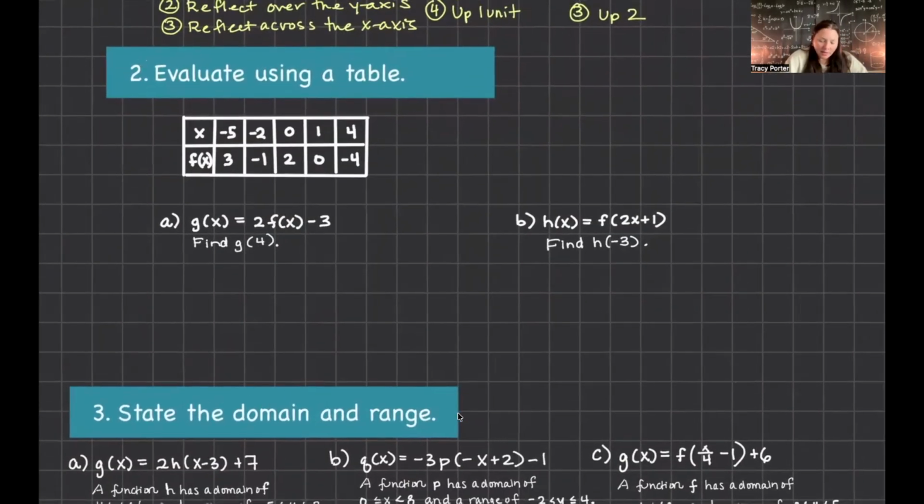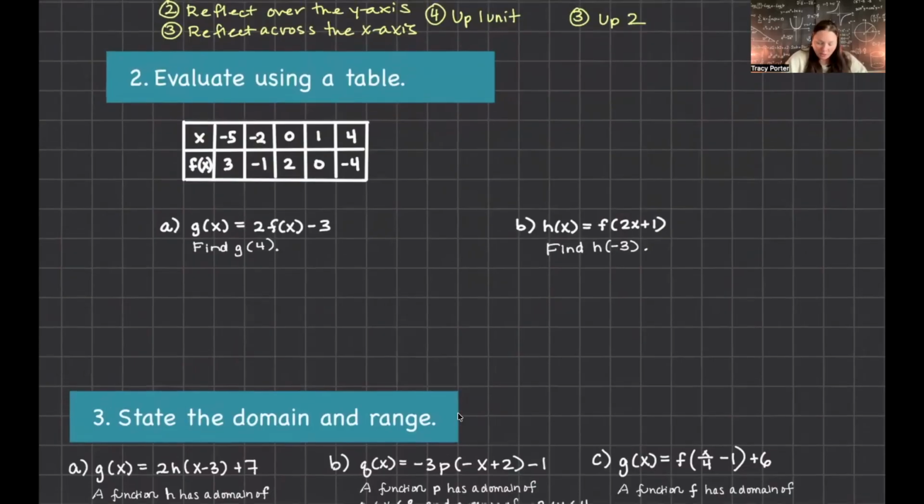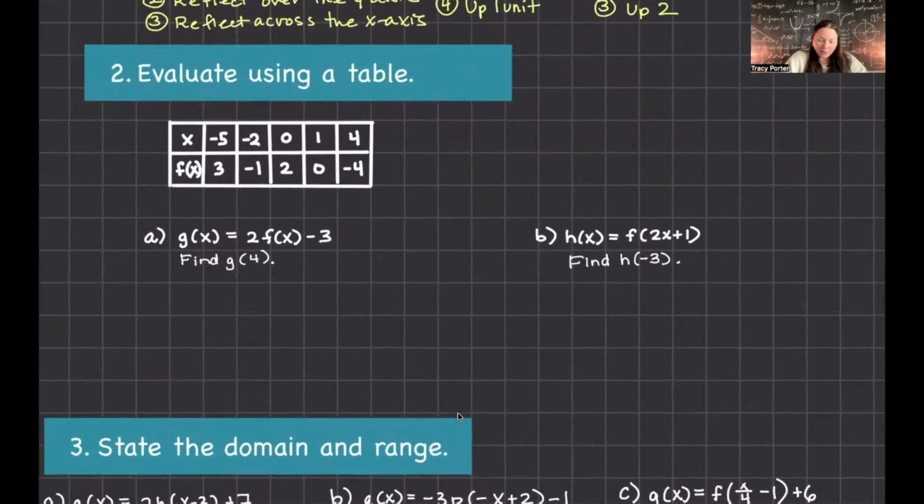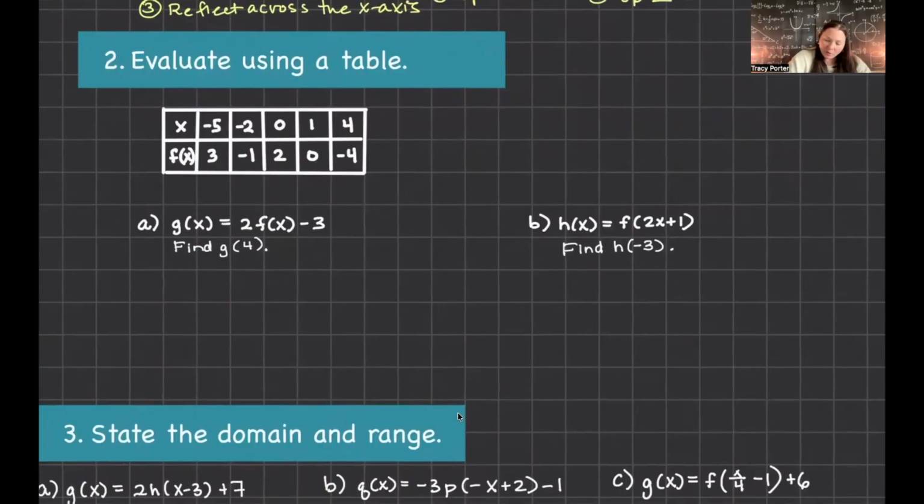Now, these problems down here, part 2, it says evaluate using a table. I think these go a little quicker. So if we're going to find g of 4, looking at part A, that is letting x be 4 and substituting it into the function.